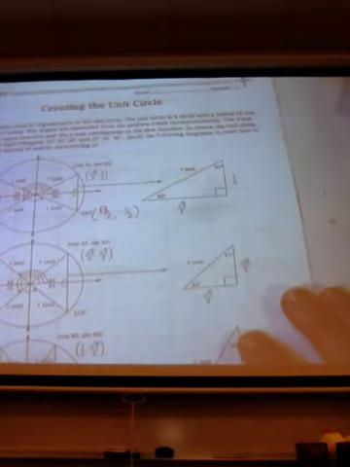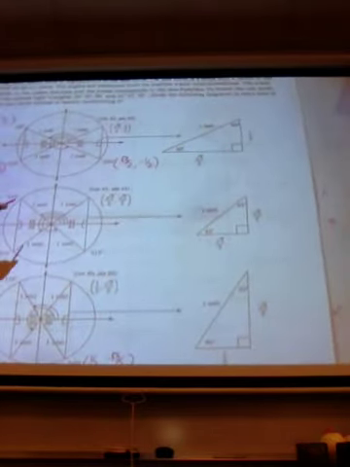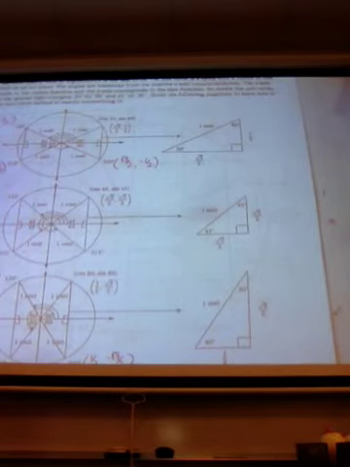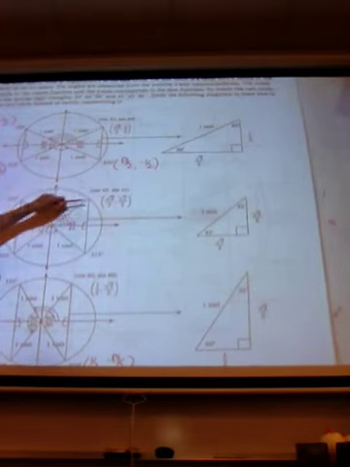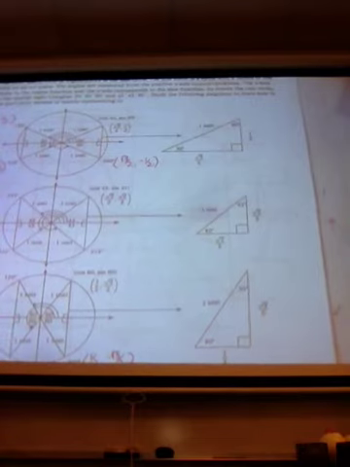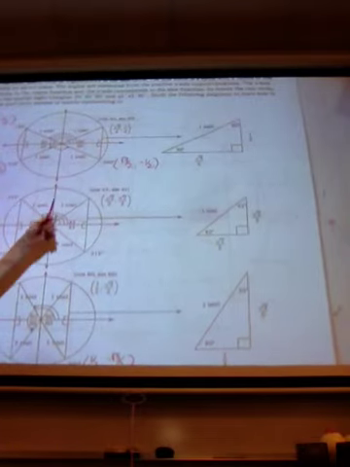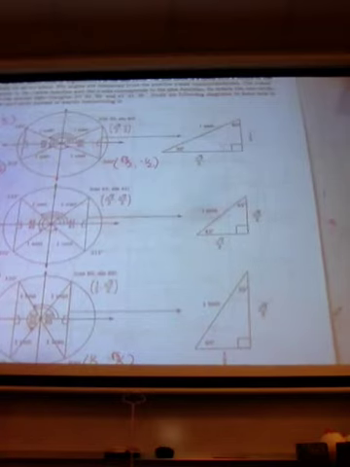The 45, 45, 90 is the easiest because look at what your cosine and sine are. They're exactly the same thing. Because if it's 45, your x and y are the legs, which are the same. So when you put it over, how did they get over 2? If you look at this, this is 1.